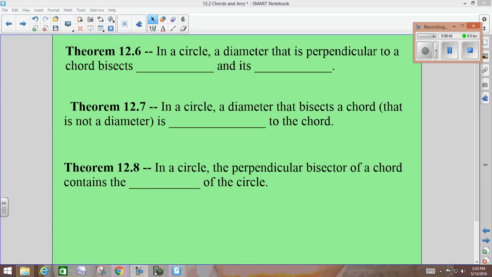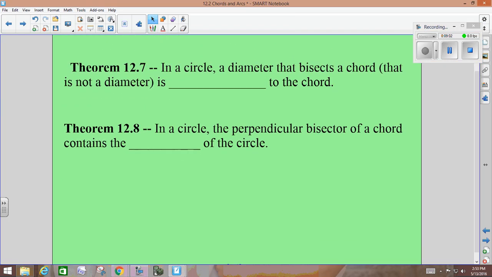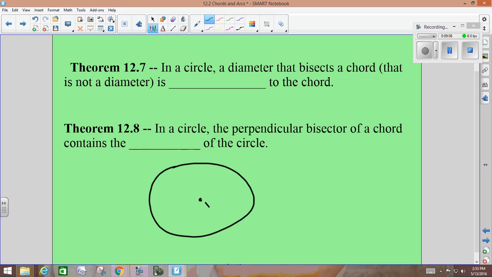In a circle, a diameter that is perpendicular to a chord bisects the chord and its arc. So that rule looks like this. You have a circle, we'll call it circle X, and chord EP. And here's the diameter.